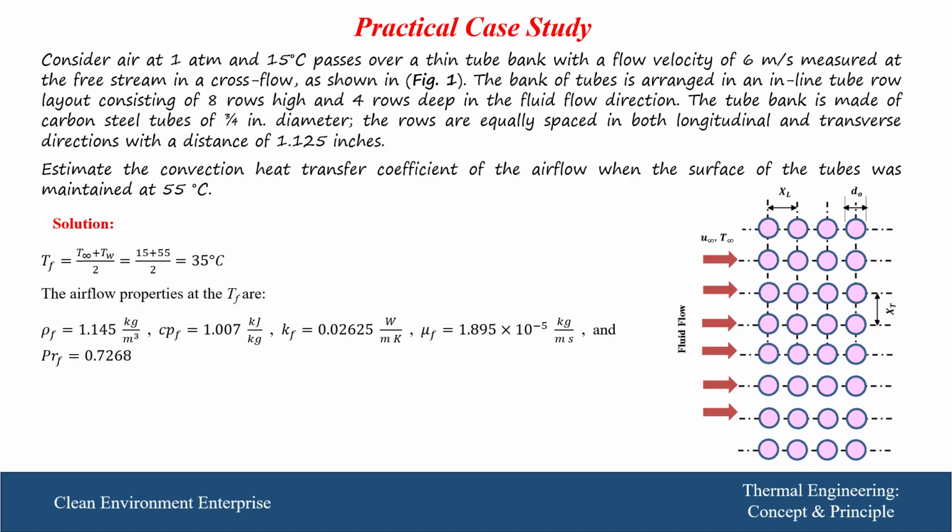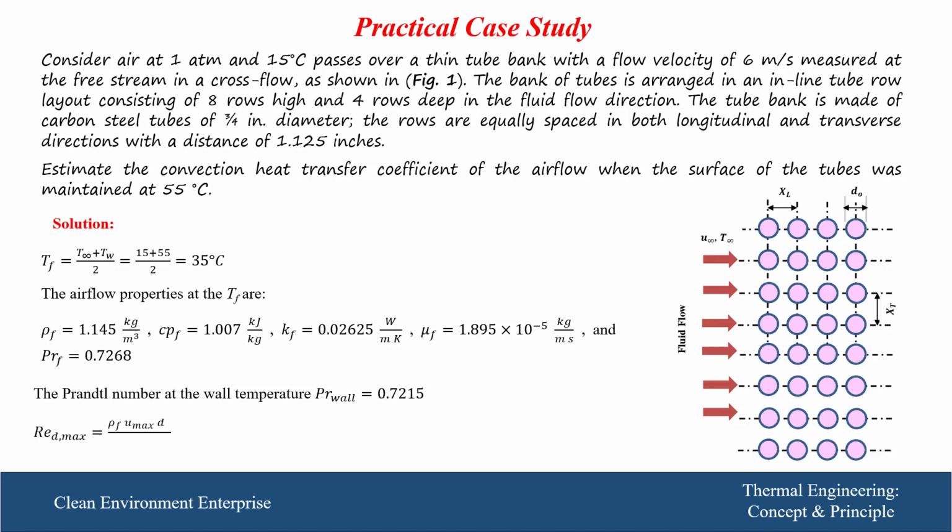Then we will get 35 degrees centigrade. With the help of air physical property tables, we will get rho, density, specific heat, thermal conductivity, dynamic viscosity, and Prandtl number measured at film temperature. Also, we need the Prandtl number at wall temperature, which is equal to 0.7215.